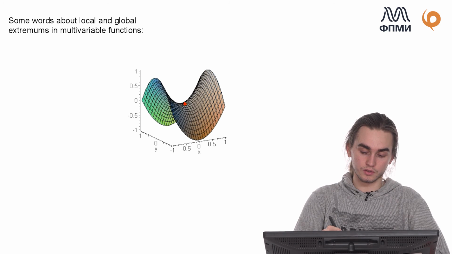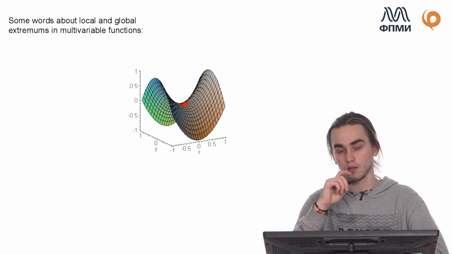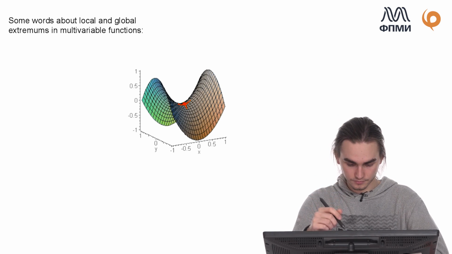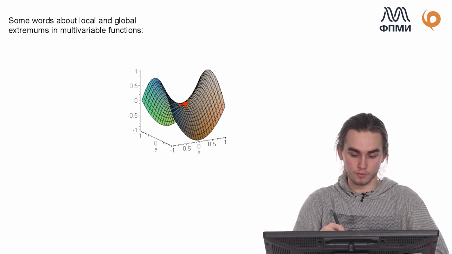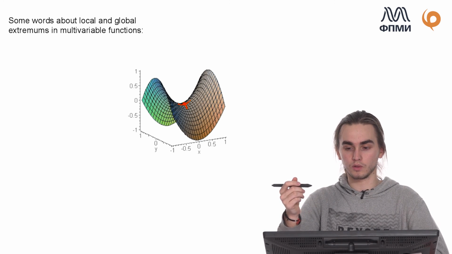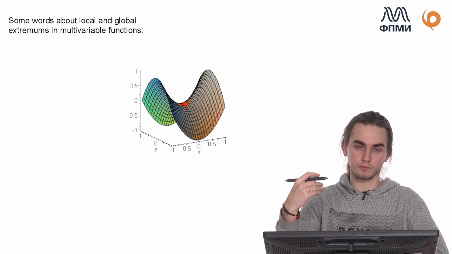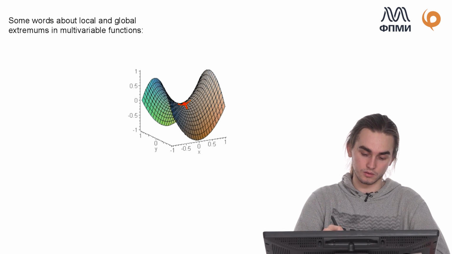But here you can see that there are two directions in which it needs to change its sign. So basically, as more dimensions add up, you will need to check more and more and more.